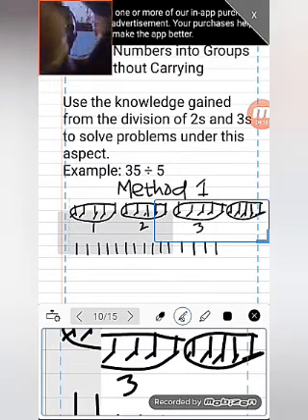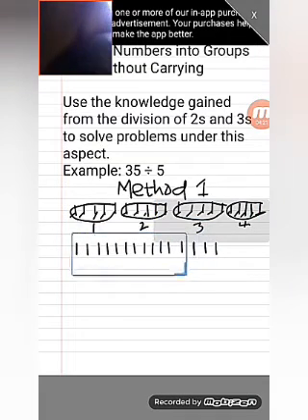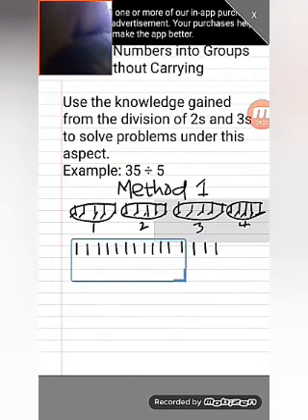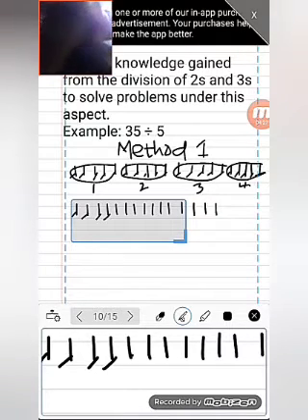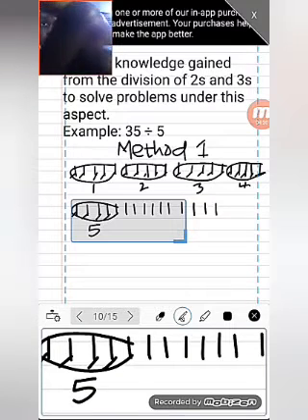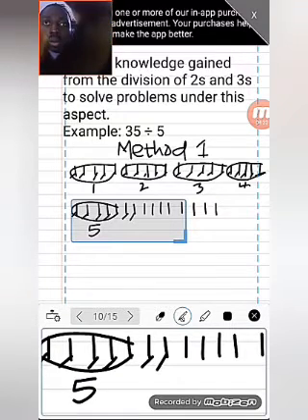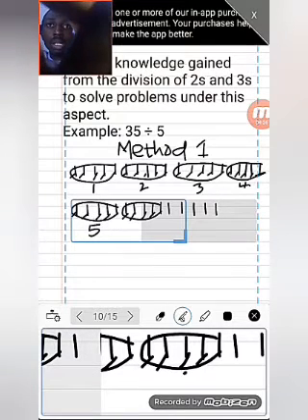That's 4. 1, 2, 3, 4, 5. That's 5. 1, 2, 3, 4, 5. That's 6.